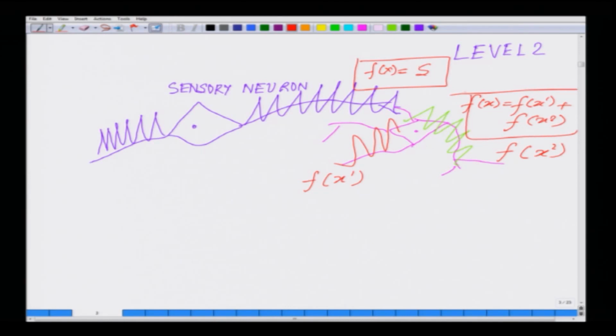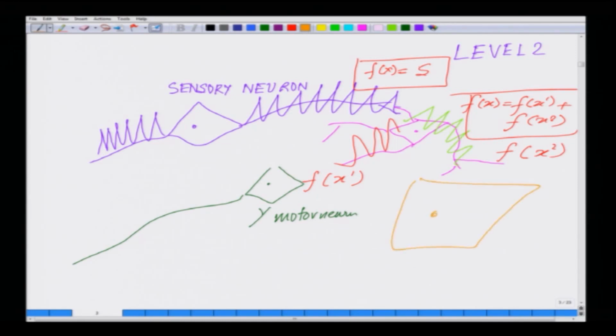This is how mathematically this could be defined. Now from here this signal is transmitted to two different kinds of neurons. One is a smaller one which is called a gamma motor neuron, and the other one is the bigger one which is called an alpha motor neuron.